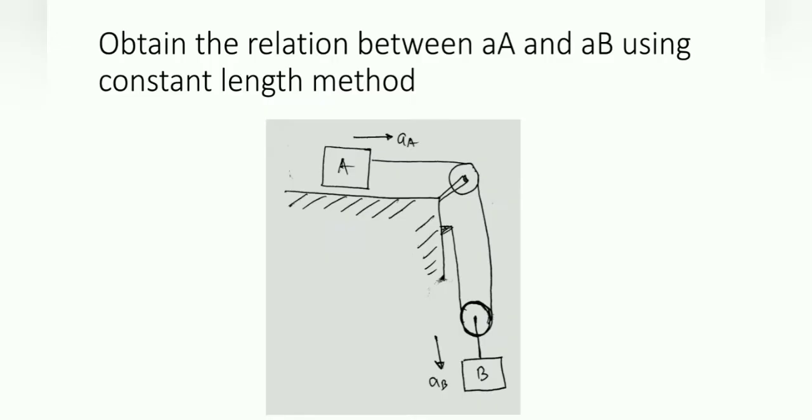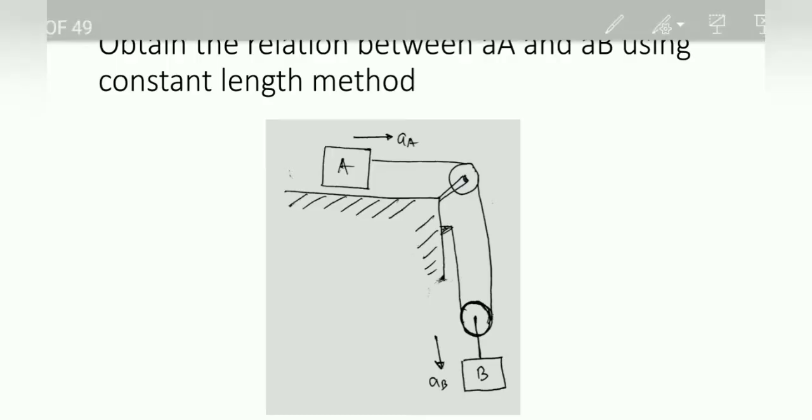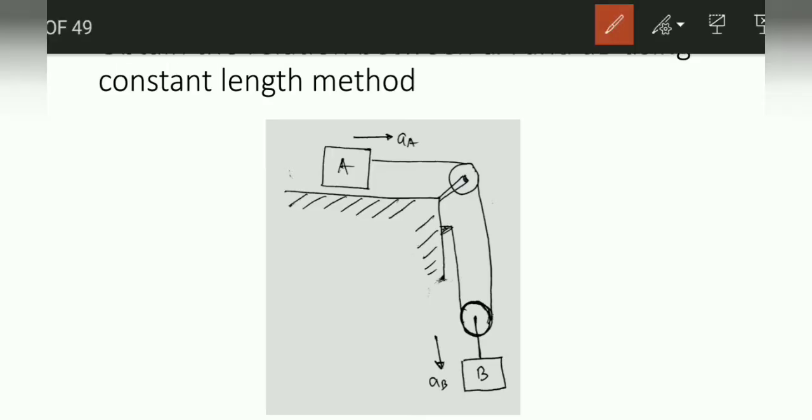Now we have a question: obtain the relation between the acceleration of block A and the acceleration of block B using the constant length method. So we have a string wound here like this. We'll divide the string into different segments.